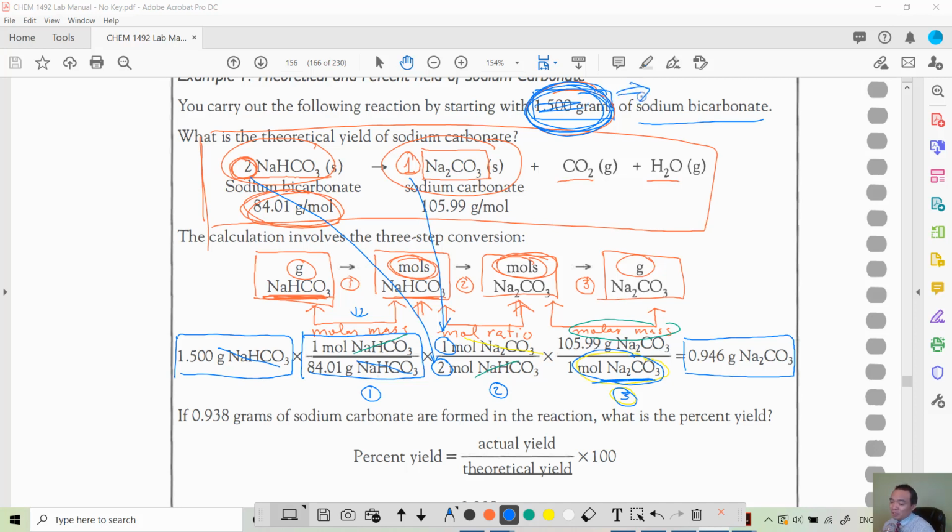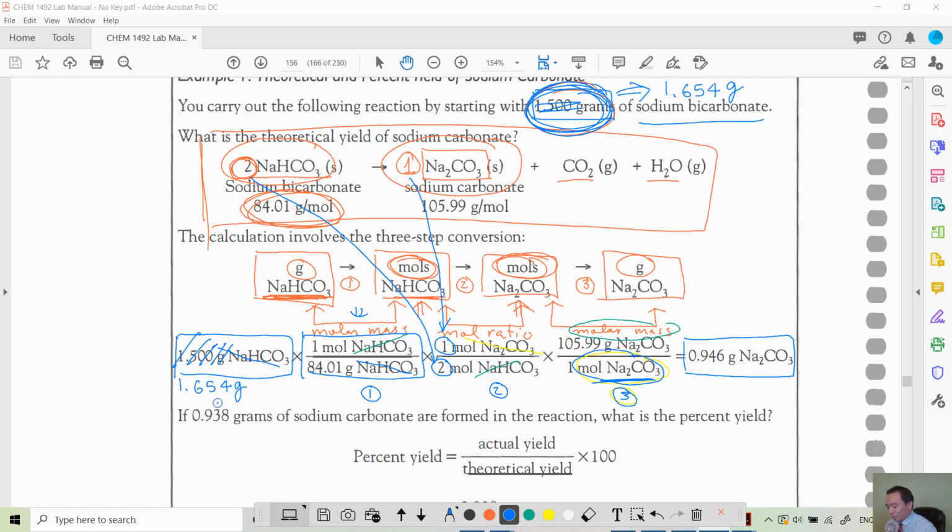We are going to provide you with the data. So let's say, what if I started with 1.654 grams? How do you calculate the whole thing? The procedure is exactly the same, except that rather than using 1.500 grams, we're going to use 1.654 grams.